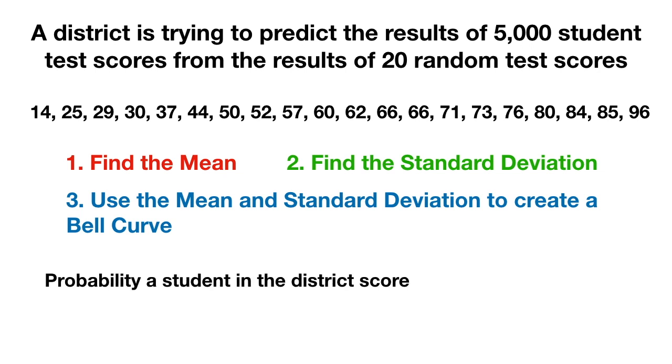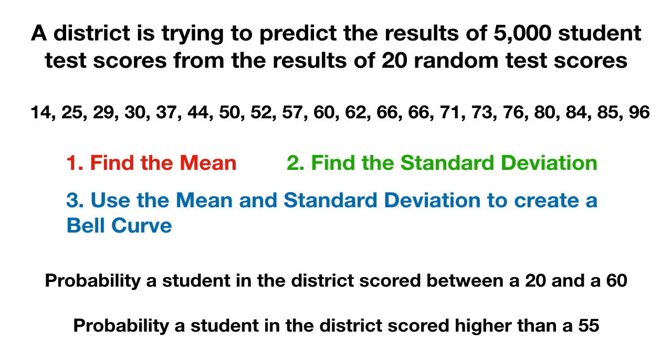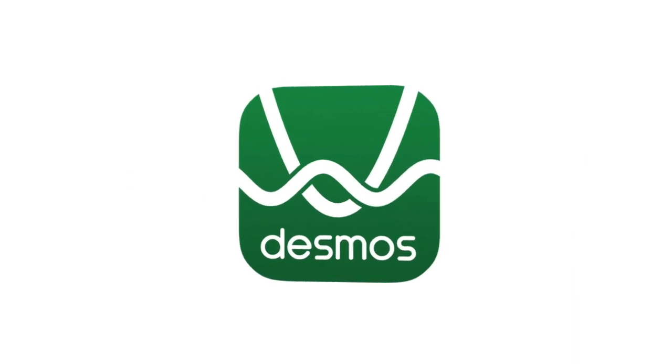The first is going to be a probability a student scored between a certain range. So you're going to find how to find a range of values using this distribution. And then the second thing you're going to do is probability the student scored higher or lower than a certain score. So you're going to learn how to do where you want something that's higher than or something that's lower than. And we're going to do all of this in Desmos.